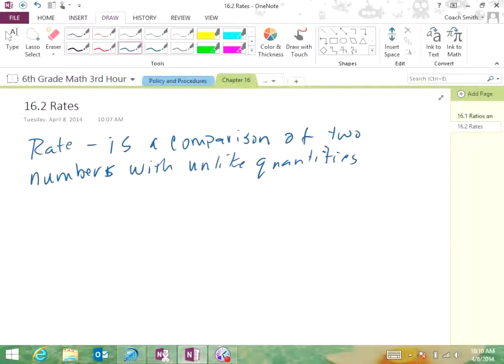Okay, a rate is a comparison of two numbers with unlike quantities. We briefly touched on this yesterday when we first started our discussion on ratios.